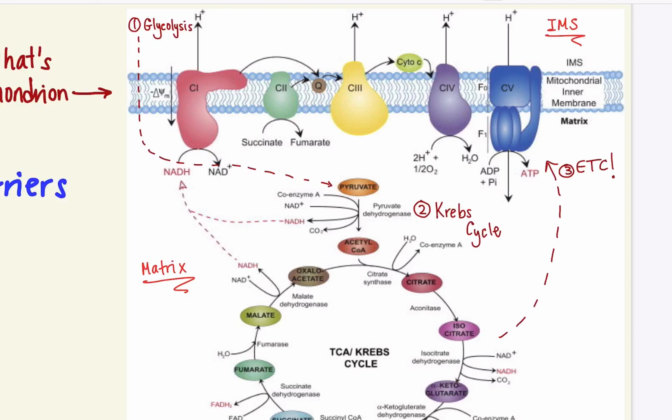And lastly, complex 4 reduces oxygen, right? And oxygen is initially oxidized. So when it gets those 2 electrons, it becomes reduced into water. Okay, so hopefully that oxidation reduction play made sense. So let's move on.